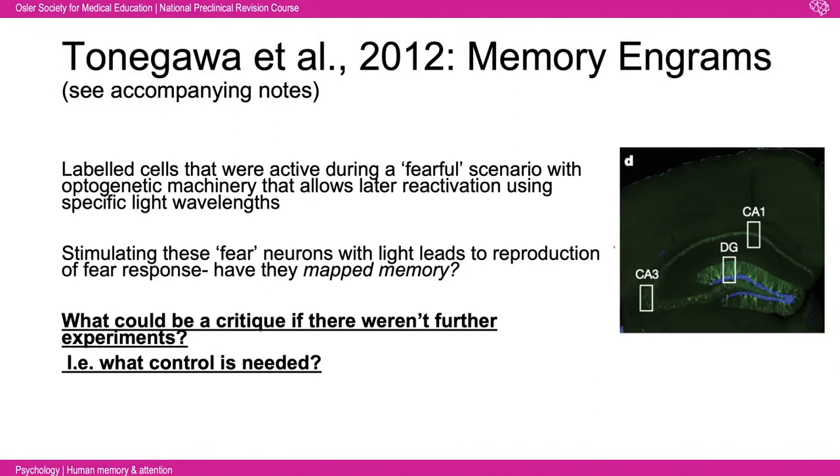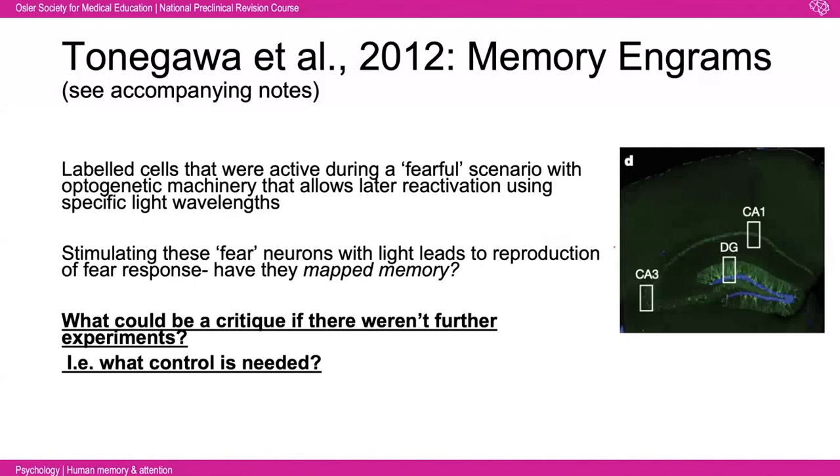And in doing that, they can basically tag neurons that are active. So in the fearful scenario, they could tag the neurons that they decided represented fear, or at least this fearful memory. Then they could reactivate these neurons later. And when they did reactivate these fear neurons using light, which is the principle of optogenetics, it led to the very same fear response as when they were actually in the fearful scenario.